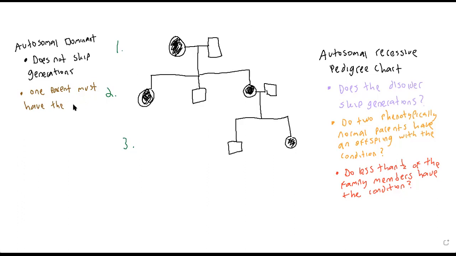Must have the affected phenotype. So one parent must have the affected phenotype. And also, usually more than half display the affected phenotype.